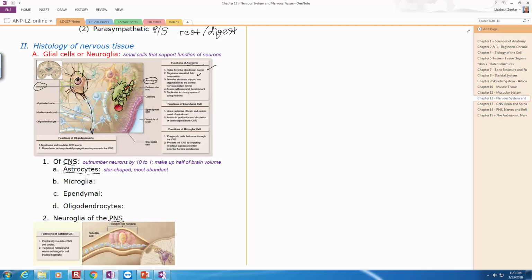Also, it says assists with neuronal development. So as a fetus, when you are in early development and the first things starting to develop have to do with the neural side of your body, these guys will secrete chemicals that regulate the connections between the neurons.